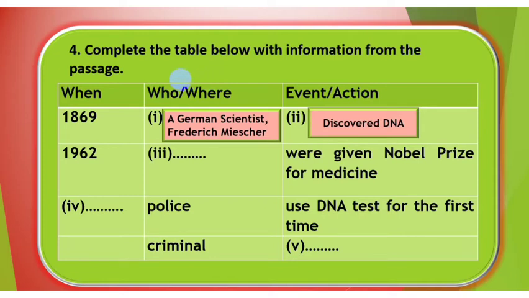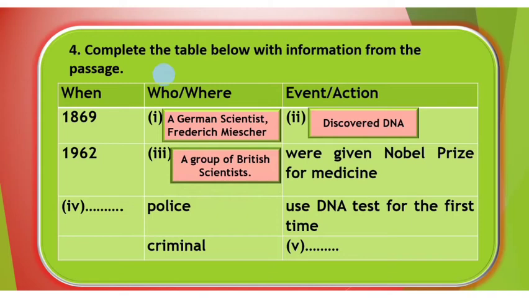Then in the third question, 1962. What happened in 1962? Who or where were given the Nobel Prize for Medicine? Do you remember? Yes, I think you guessed well. A group of British scientists were given the Nobel Prize for Medicine.